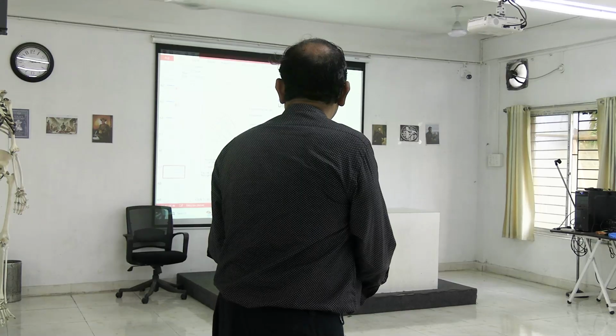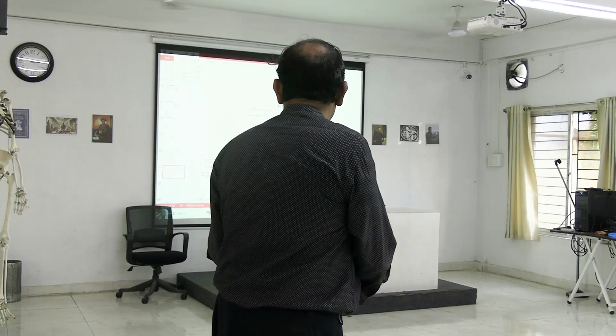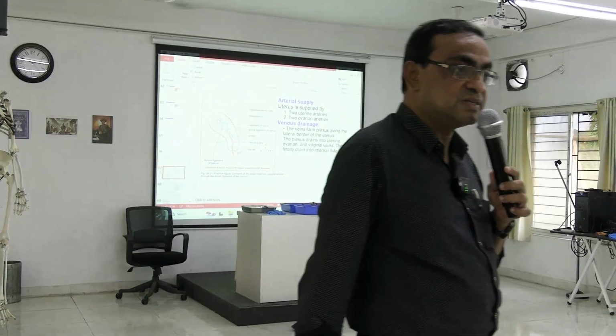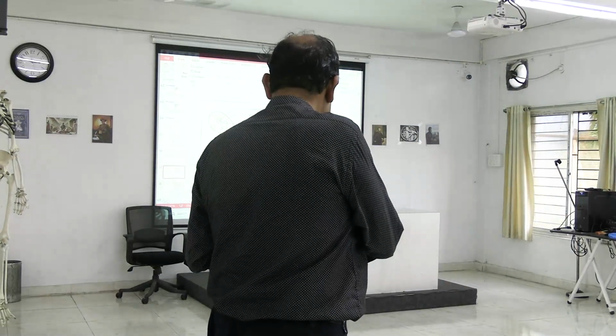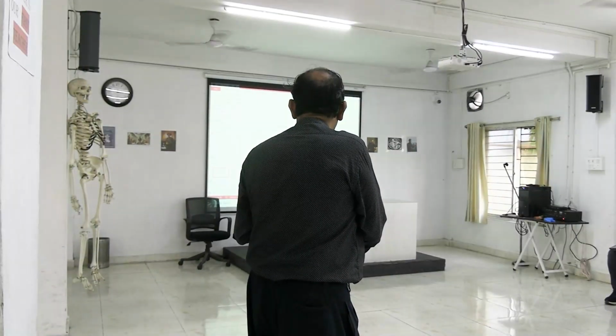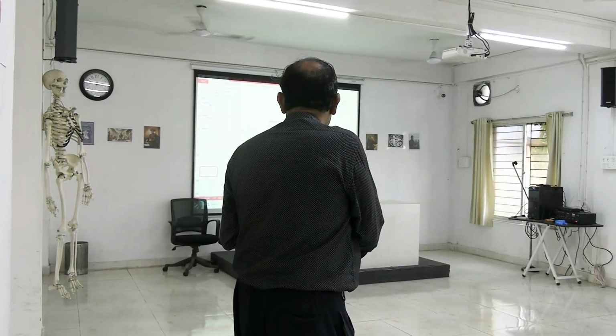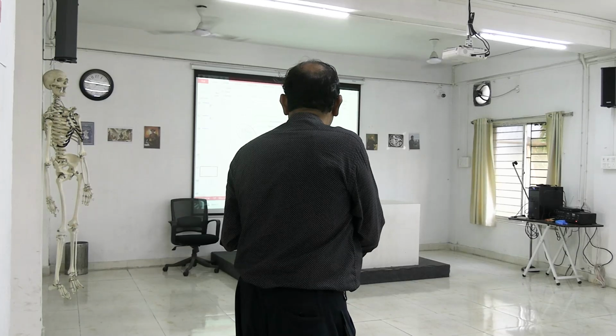From the posterior surface, there is a connection between the broad ligament and the ovary, which is not seen in this picture. That is called mesovarium, which is not seen. What we can see is the uterine artery. It remains lateral, and it then crosses the ureter.